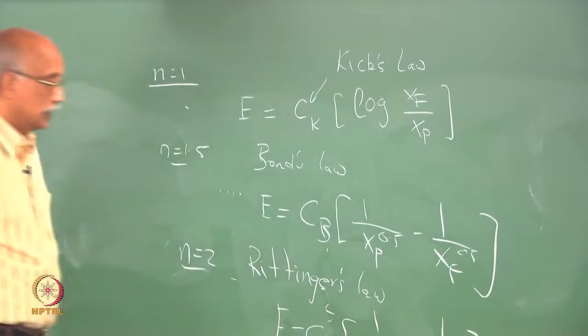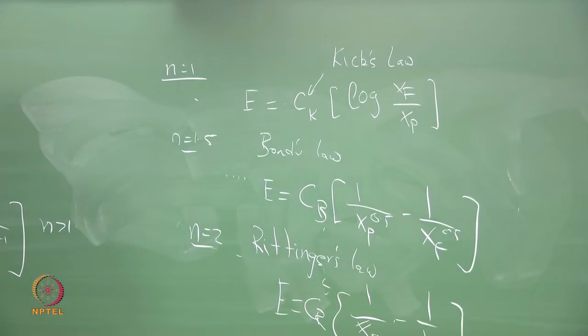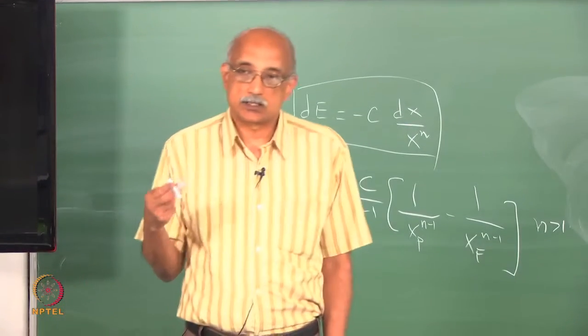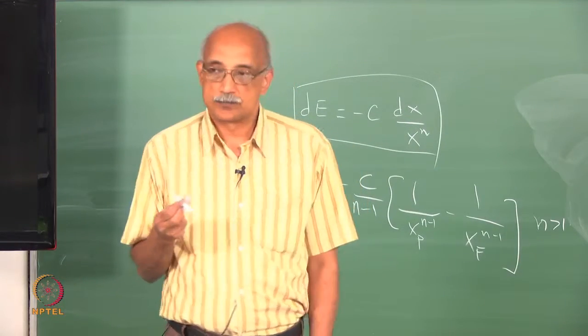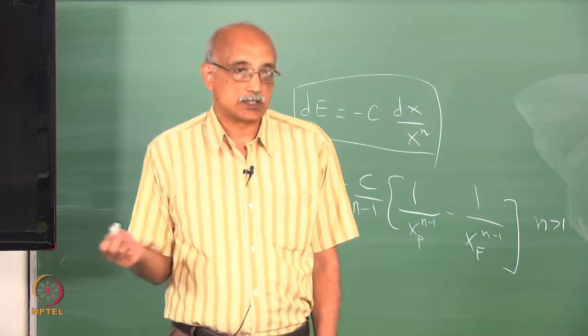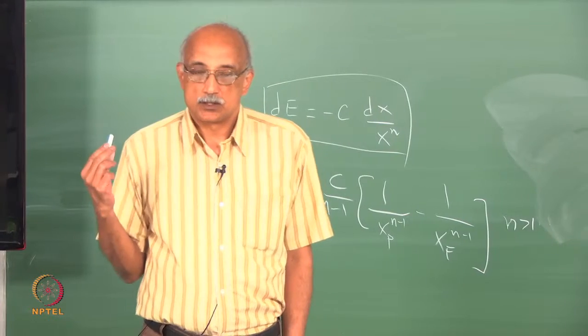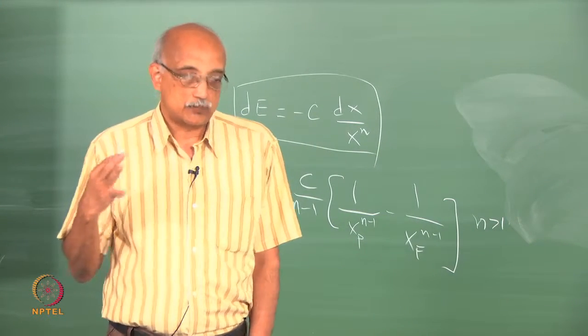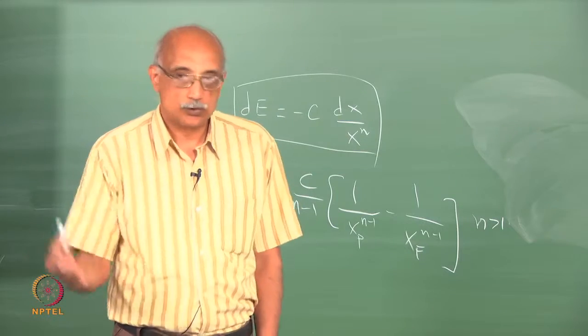For example, the Rittinger law, if you state it in words, basically says that the work involved in size reduction is proportional to the new surface that is created. Okay. So, that is a very simple statement. It says if you want to create more new surface, you do more work.